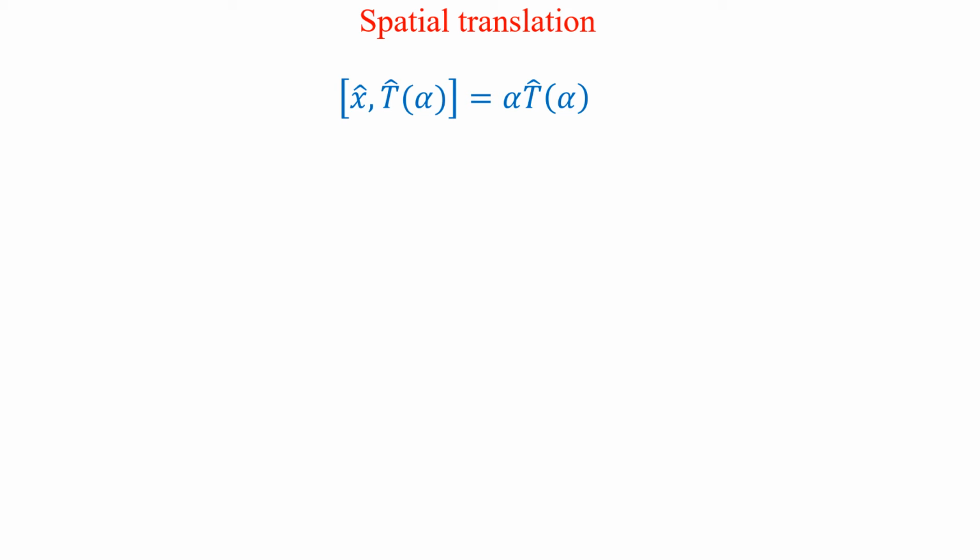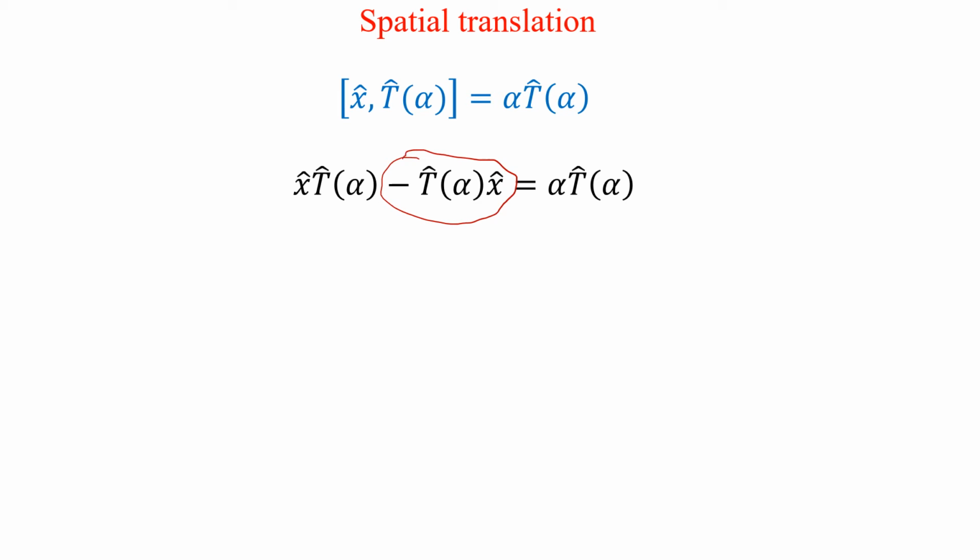If you expand this commutation relation, then you will get x T(α) minus T(α) x is equal to α times T(α). Now what I am going to do is bring this term to the right-hand side.